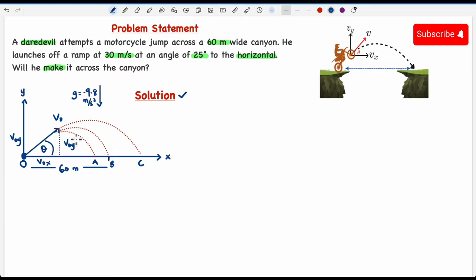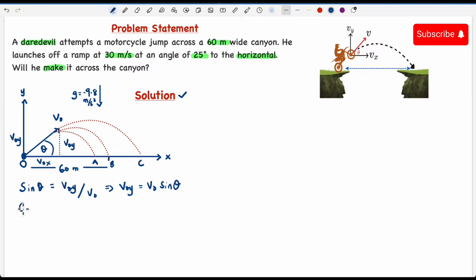The opposite side is the vertical initial velocity and the adjacent side is the horizontal initial velocity. Applying the sine of theta, which is the opposite side, V0y, divided by the hypotenuse, in this case V0, that will give us the initial vertical velocity, V0y equals V0 sine of the angle theta.